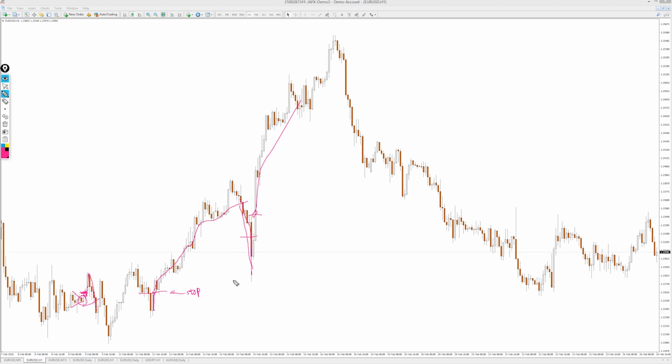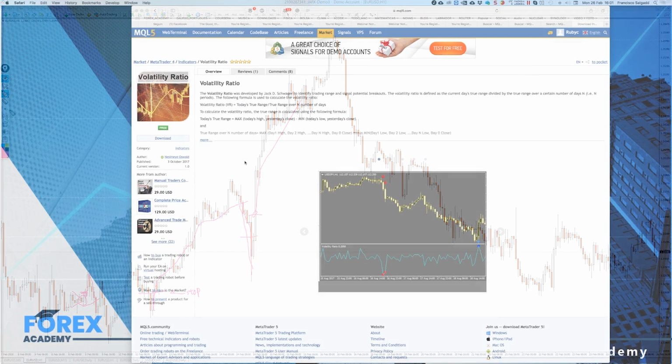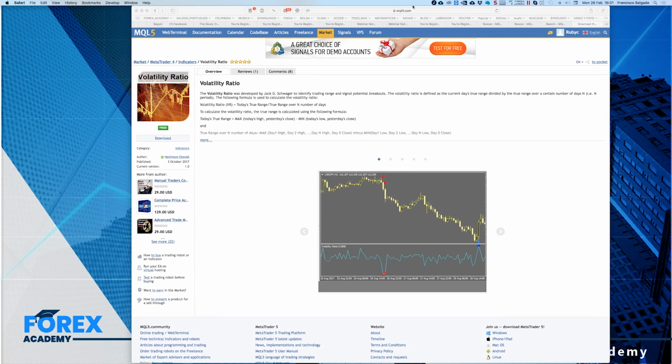But it's very difficult to do this kind of trade without any help. So I found a way for you to position correctly in the direction of the main trend. And well, we are visiting mql5.com because here we will find a nice indicator to help us with the volatility expansion strategy.